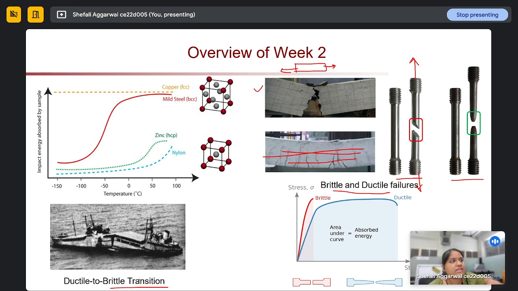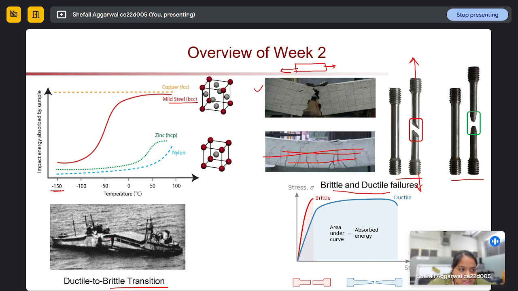If we see this example, mild steel at higher temperature will show ductile behavior. If the temperature is reduced to minus 150 degrees, suddenly the impact energy absorbed will be small. The lesser the energy absorbed, the more brittle the behavior. So when the temperature is reduced to minus 150 or minus 100 degrees Celsius, our material starts behaving as a brittle material.